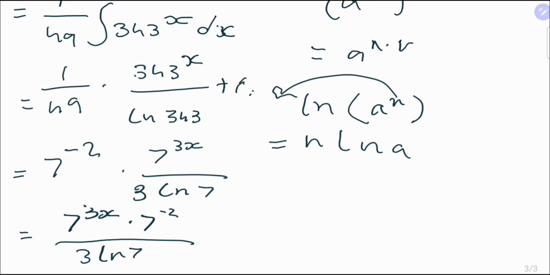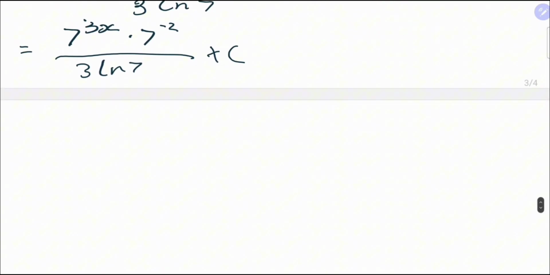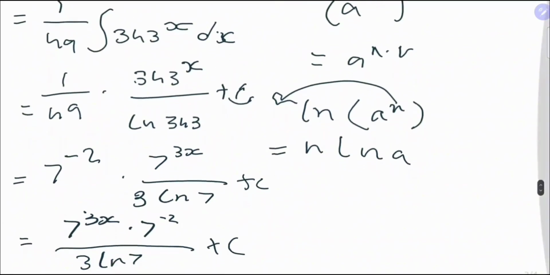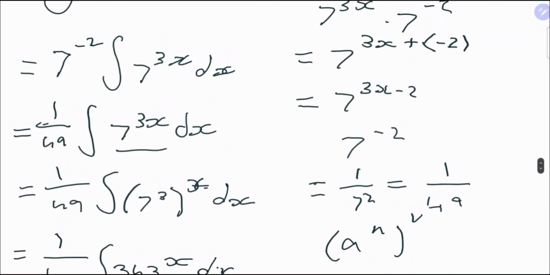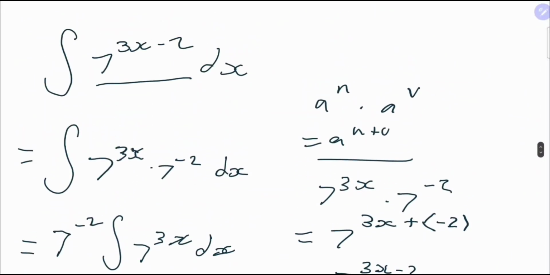Whoopsies, I almost forgot the plus c for these. And then you can see that 7 to the 3x times 7 to the power of negative 2 is actually going to equal our original, because it's the same thing as here.